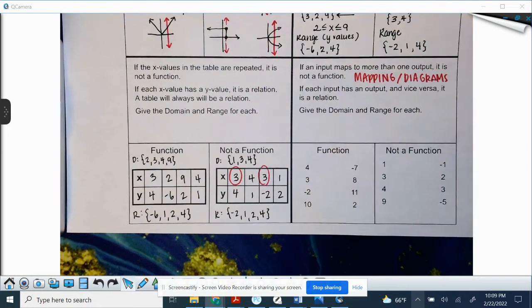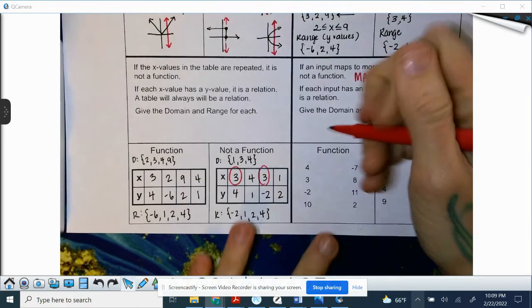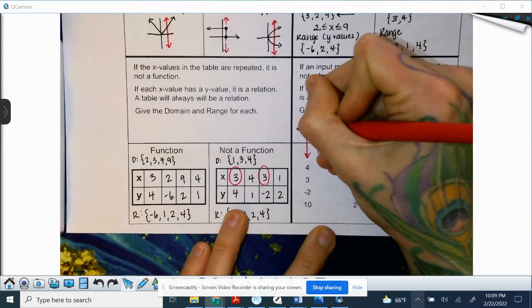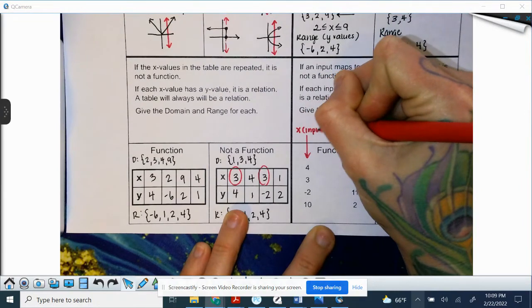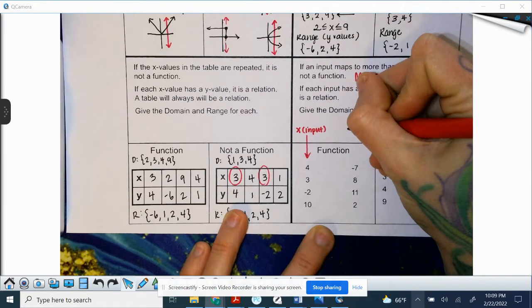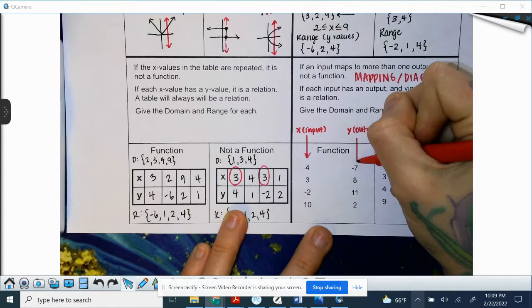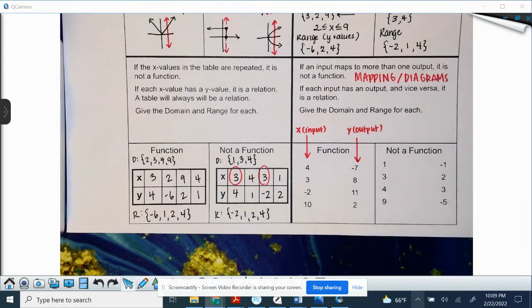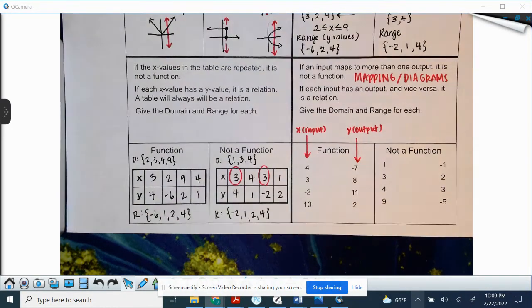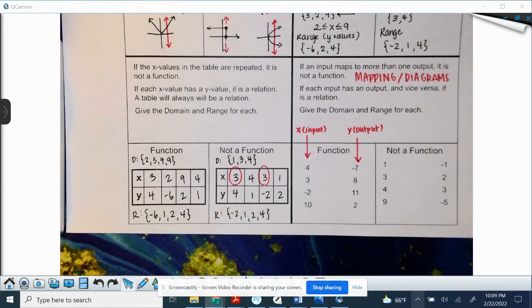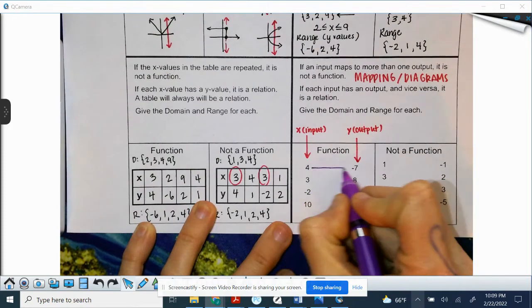So if an input maps, so your input is your x value, to y, which is our output, more than one time, that means that it would be a repeat number. That means that 4 would happen twice. So in this case, for it to be a function, that 4 can only go in a direction one time.